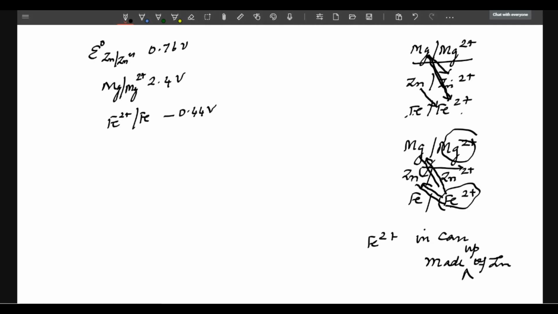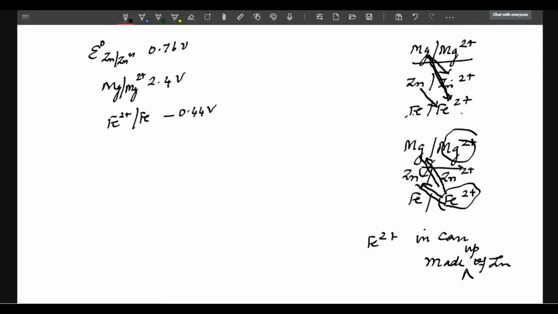Shall we move to the next application? The next application is the displacement of a metal from its salt solution. We will look at one problem on it and then go to the next application.